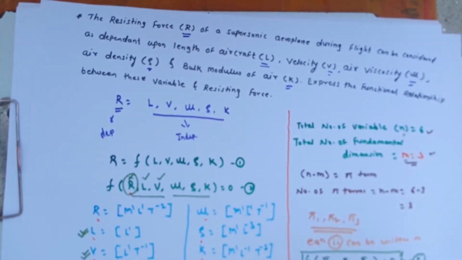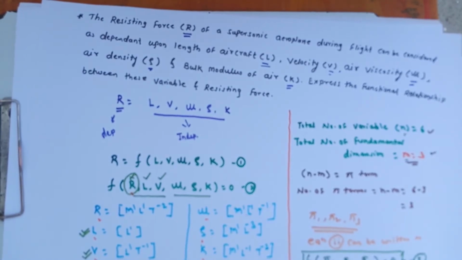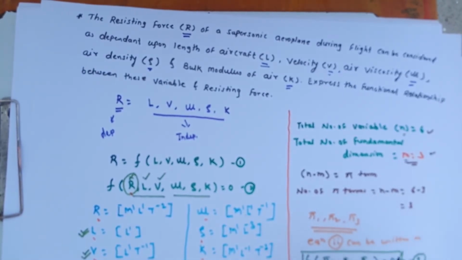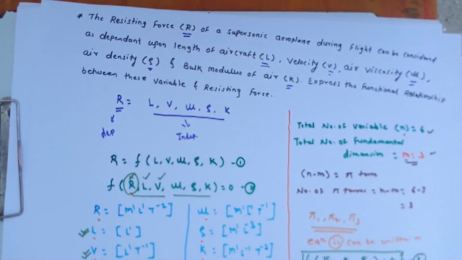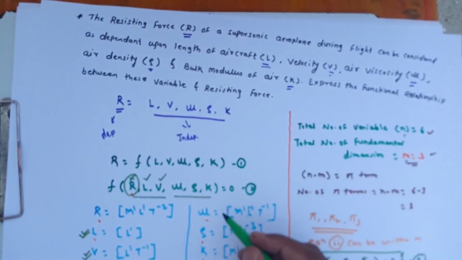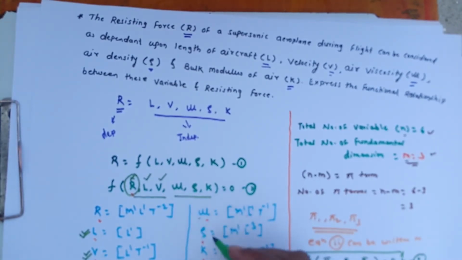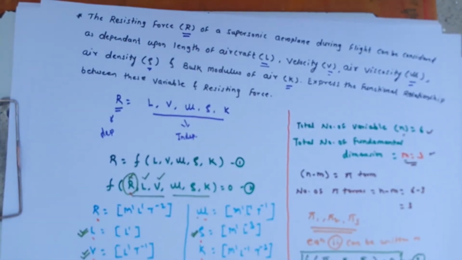And third, all the repeating variables together should consist of the number of fundamental dimensions. Here mu, rho, k all three follow the rules of selecting the repeating variable, so I can choose any one. Here I am choosing rho as the third repeating variable.